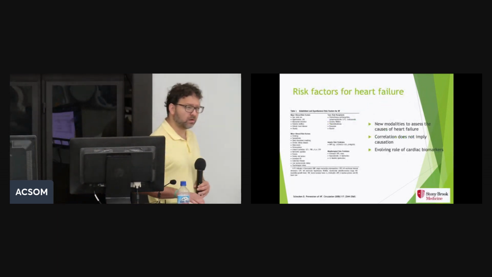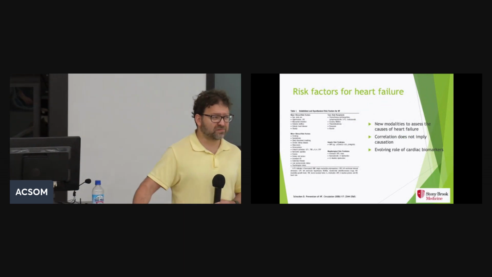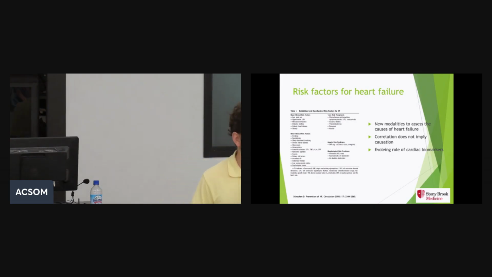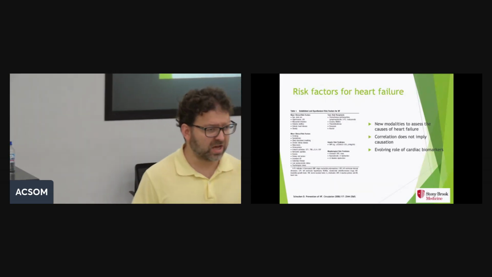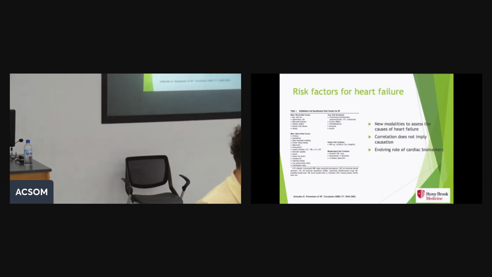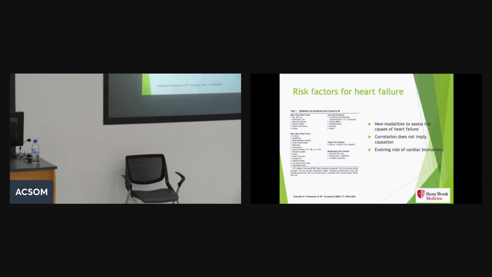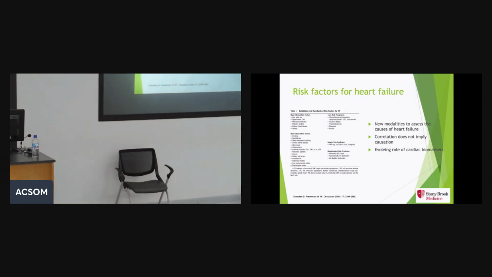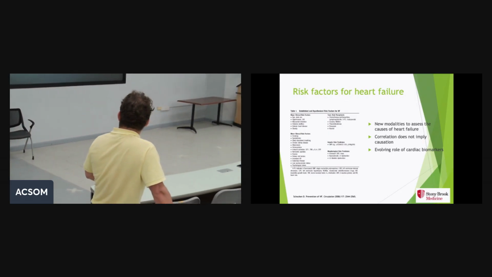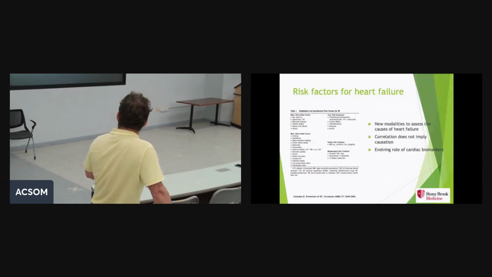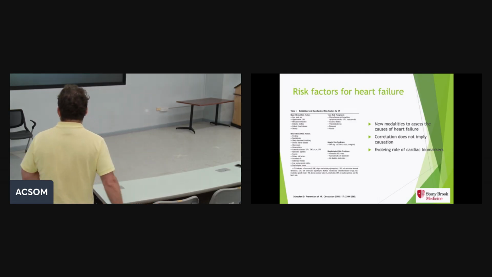It is critical for us to figure out the cause or the etiology of the patient's heart failure. Look at all the different things that we can use. Age is the greatest risk factor, by far and away.